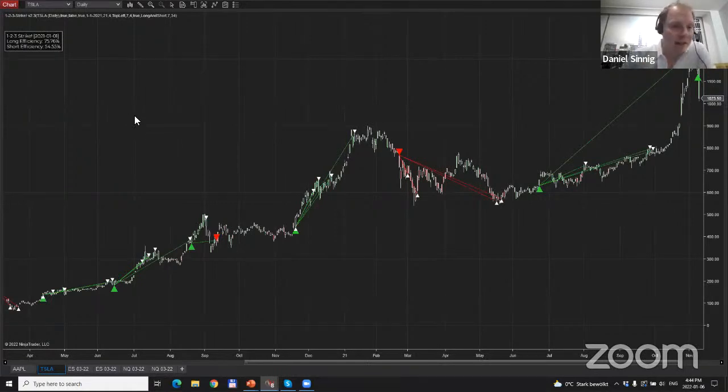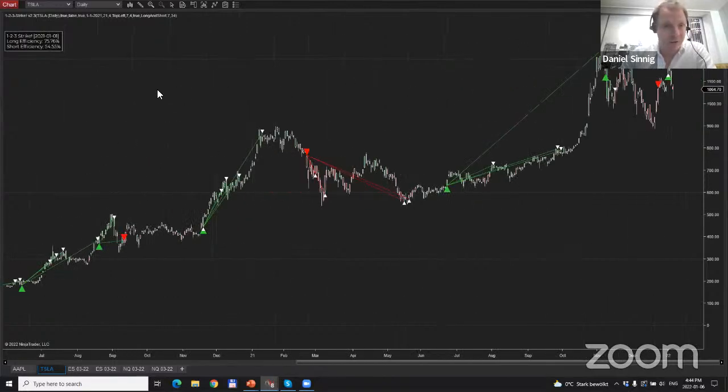We can see here that statistically, and historically speaking, 75% of our long signals were winners, and roughly 54% of our short signals were winners with this configuration.